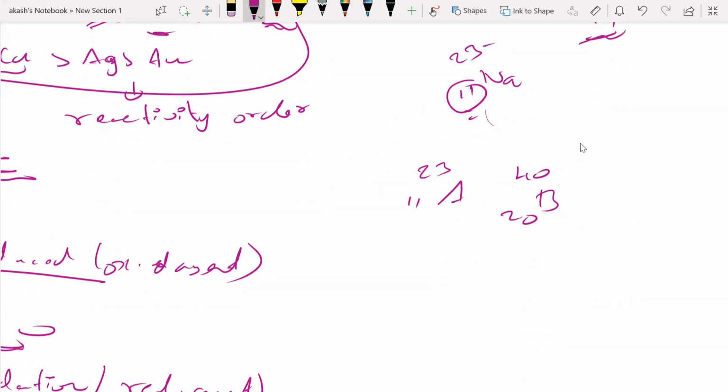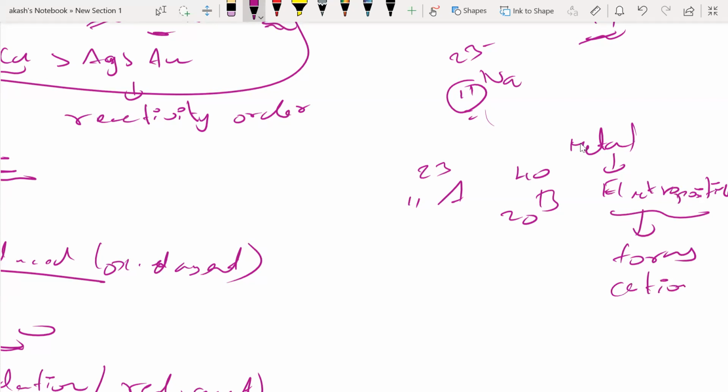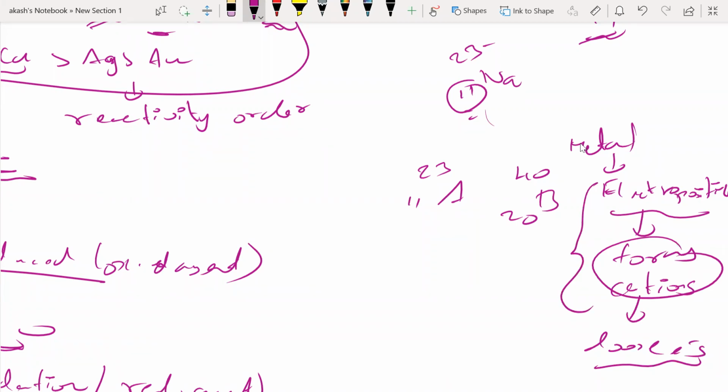Now, please understand, people, metals are electropositive in nature. What is being electropositive? They form cations, and for forming cations, they have to lose electrons. We will tell that metals are highly electropositive in nature.